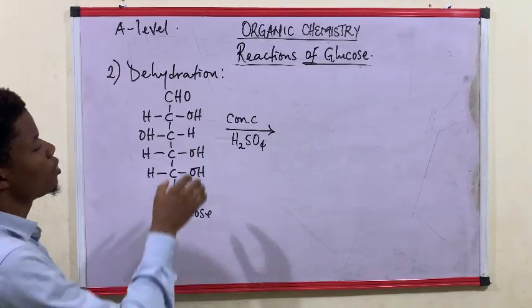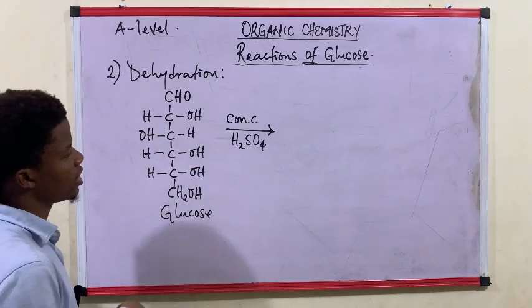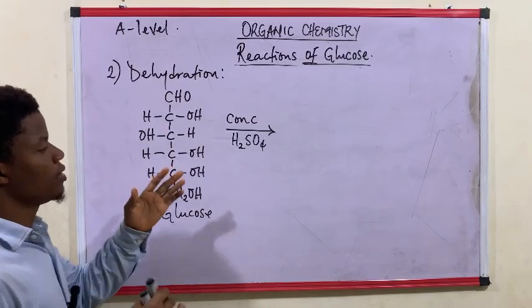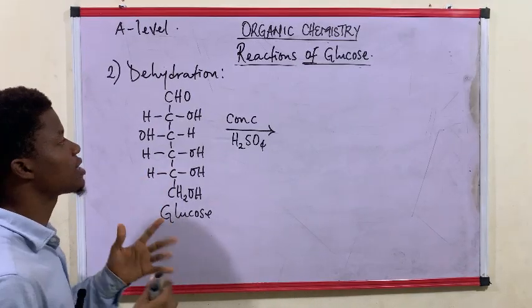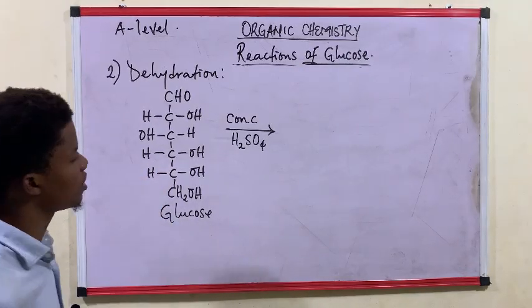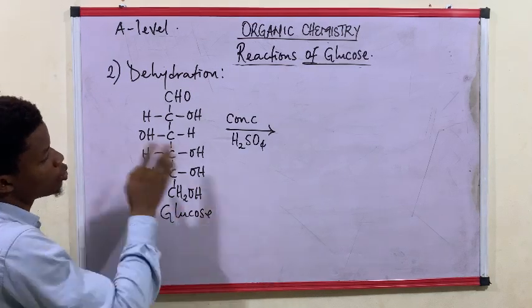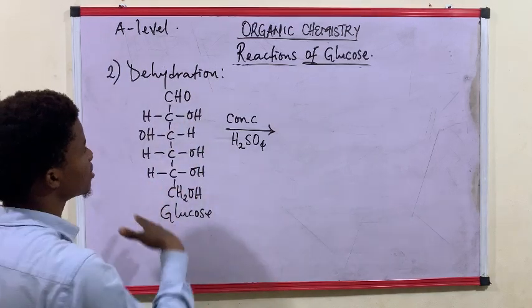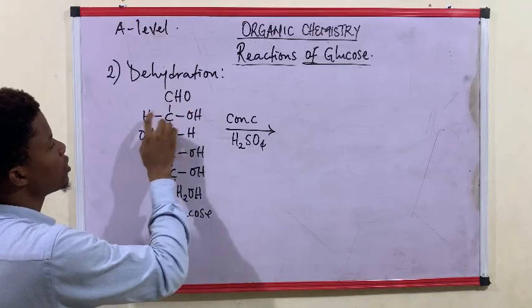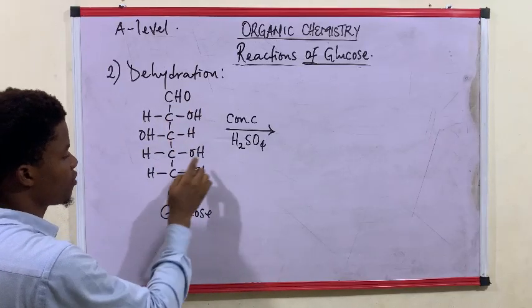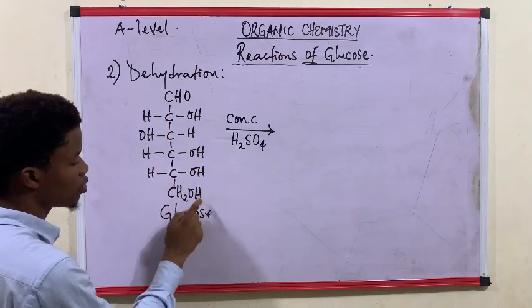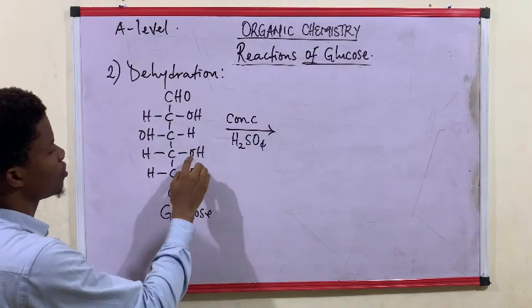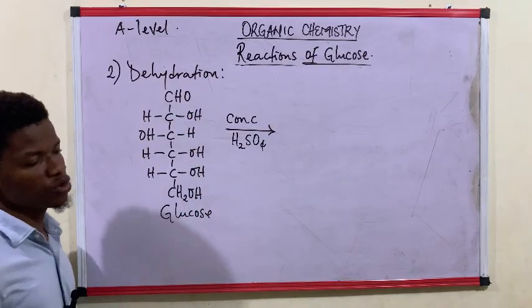So it can cause this compound to be dehydrated, a situation whereby the hydrogens and the OH start leaving. Now, if you count all the hydrogens, in total we have 12 hydrogens and 6 oxygens. So hydrogens 1, 2, 3, 4, 5, 6, 7, 8, 9, 10, 11, 12. Oxygen 1, 2, 3, 4, 5, 6. So we have 6.